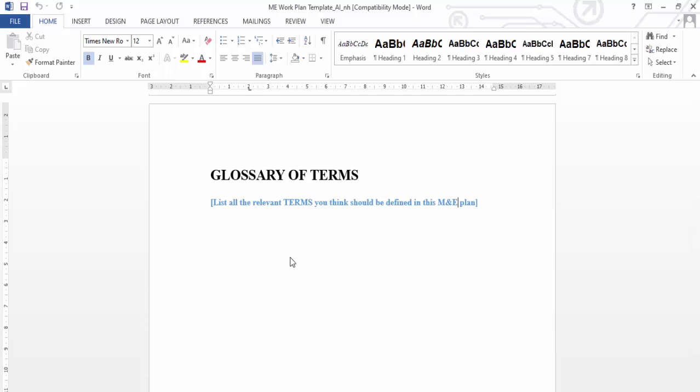What is an M&E plan? You simply explain what a monitoring and evaluation plan is in the context of this document. It's usually important for you to only include definitions that appear in the document. If they're not in the document, please don't include any definition of terms in this section.